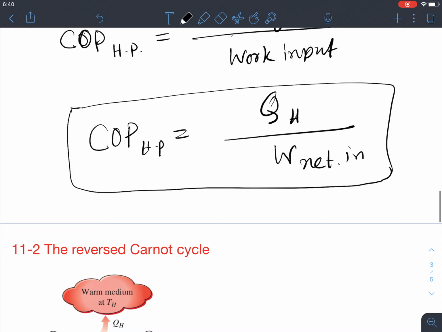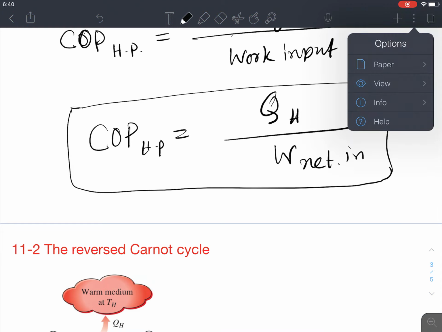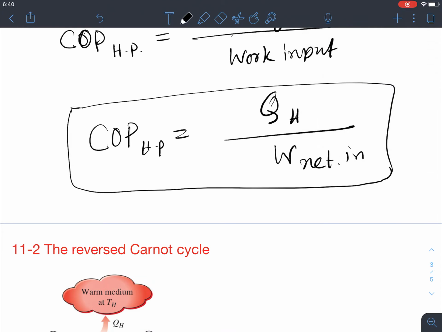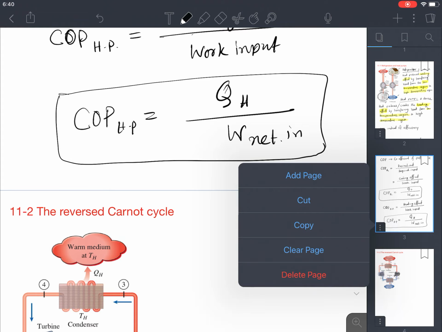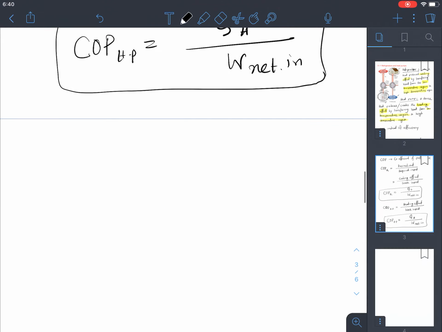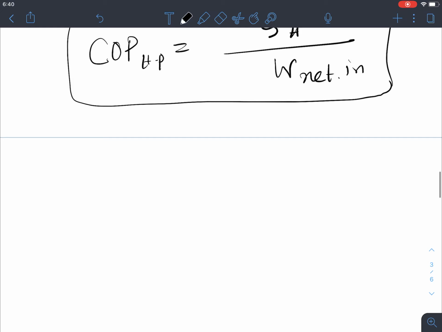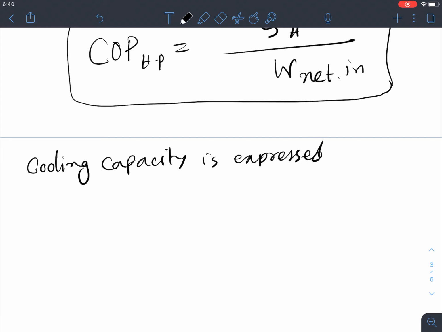So let me add one more page right here. Okay, so basically the cooling capacity is expressed by ton, right?